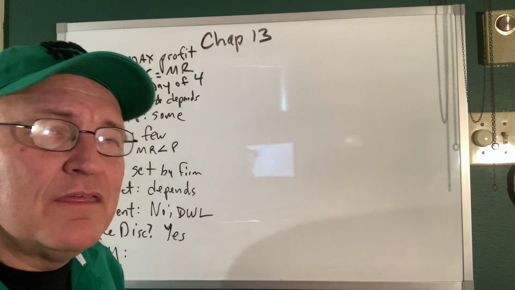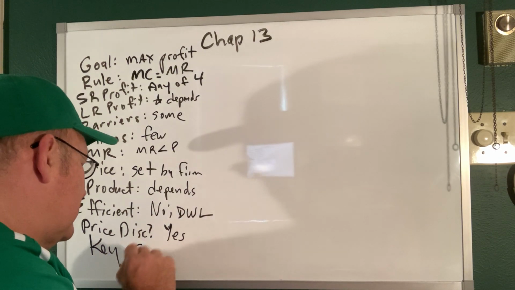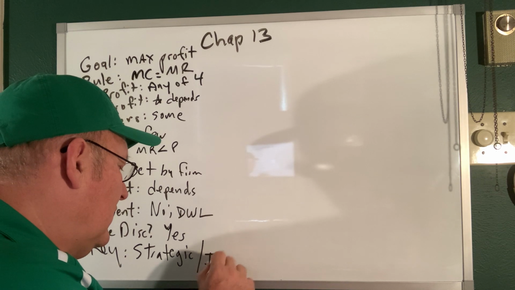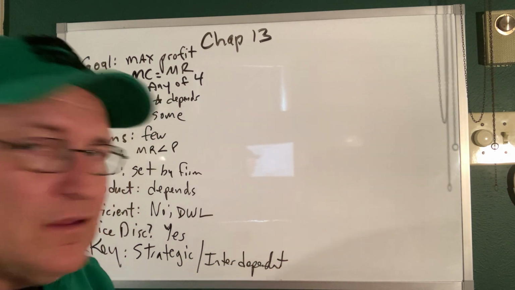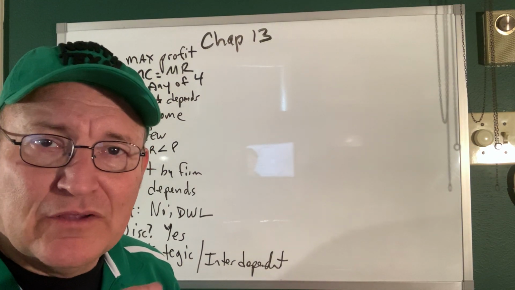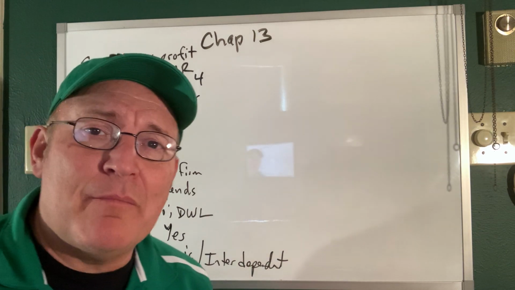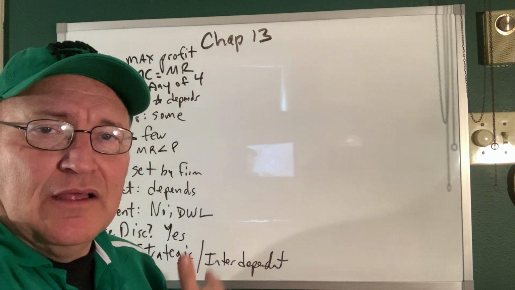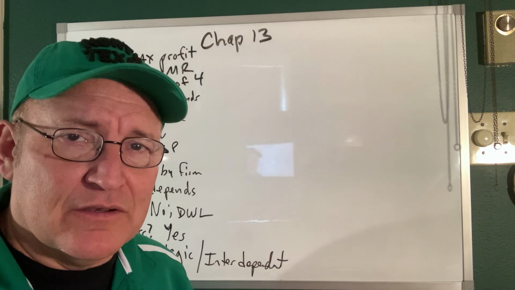The key meaning the thing that exists in this market that doesn't exist in any other market is the strategic or interdependent behavior of those few dominant firms. Okay, and that's very, very important. And what we're going to do now, I'm going to end this video and come right back, and we're going to talk about a couple of different models of oligopoly that show us or speak to that strategic or interdependent behavior. Okay?